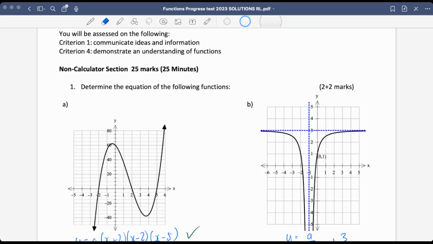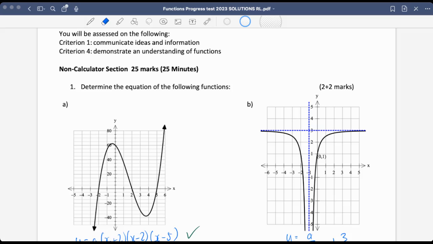Basically, the best thing to do to keep it as simple as possible in terms of your brain is when you get a function with a dilation in the direction of the y-axis, in the direction of the x-axis, like this has here, like a 2x, the best thing you can do is a real quick factorization out of that dilation factor, so 2 outside of, and then what you're left with inside the brackets is the translation, and you can follow the order, the alphabetical order, dilation, reflection, translations.